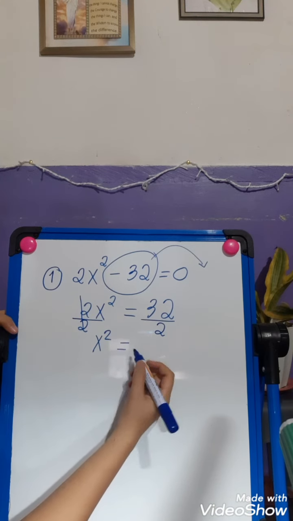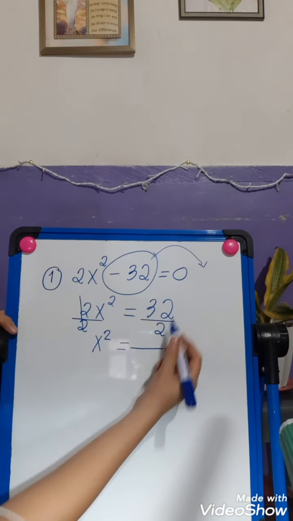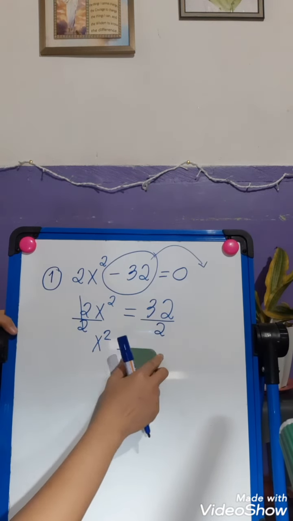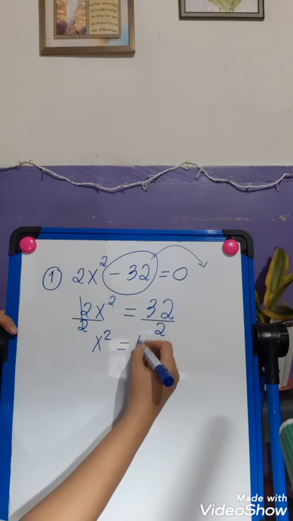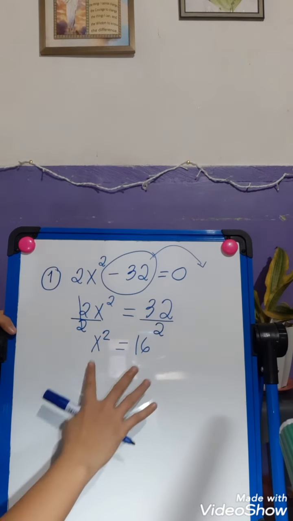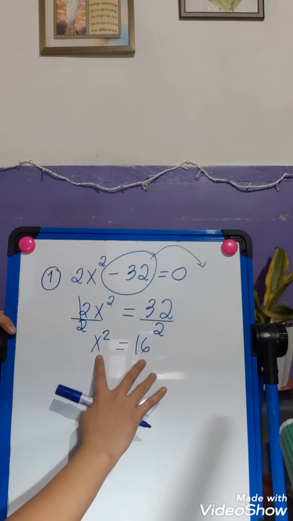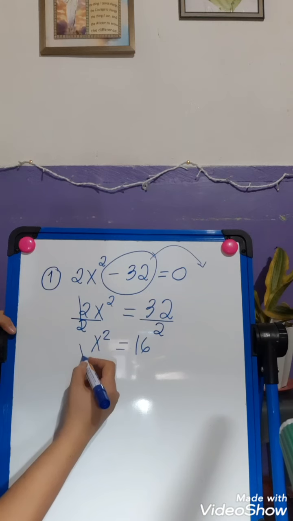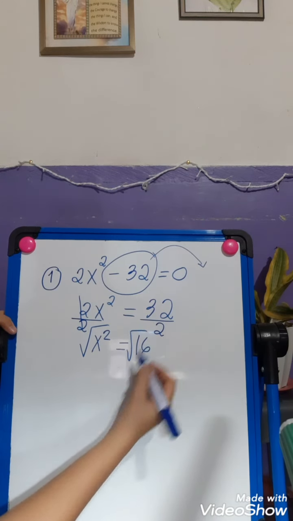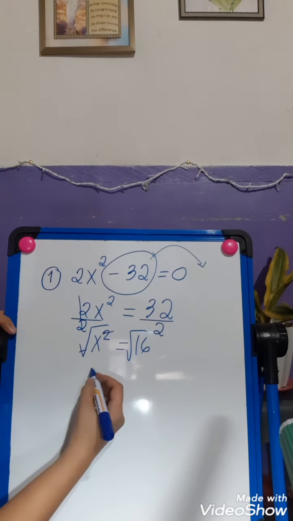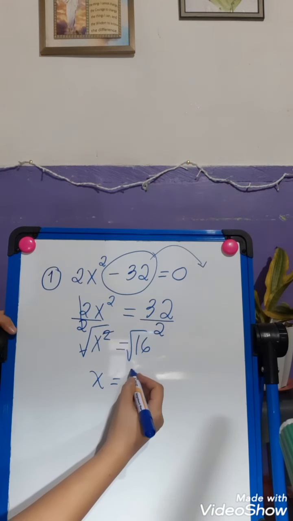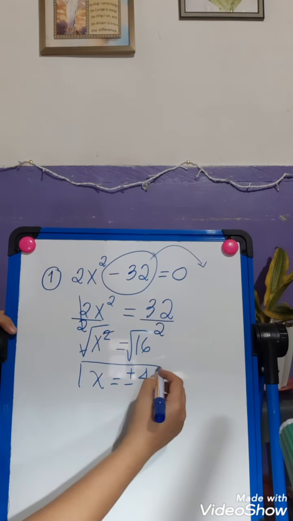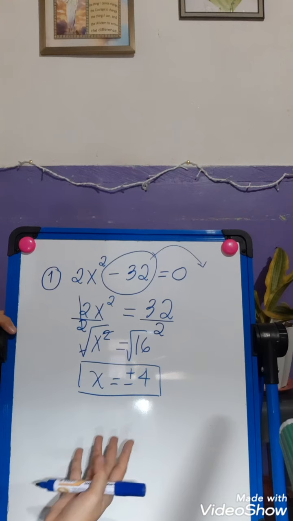Just equal to 32 divided by 2 is 16. So from here, notice that these are now perfect numbers. So we can extract the square roots of both sides. So this is x, and this is plus and minus 4. Okay, so there you go.